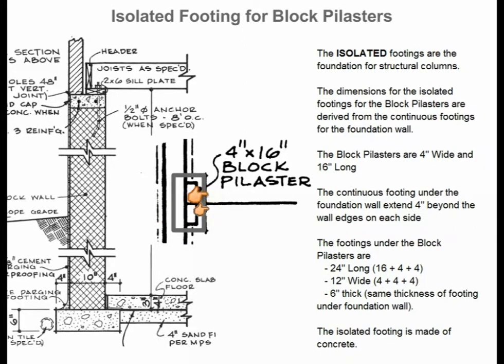That will give us 8 plus 4, which is 12. Again, the thickness of this particular isolated footing will be the same as the thickness of the continuous footing used to support the foundation wall. In this case it will be 6 inches.